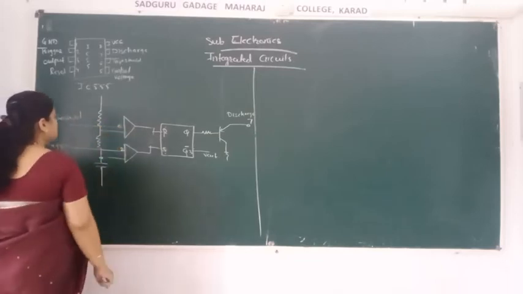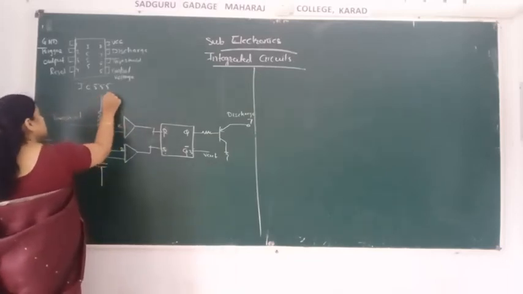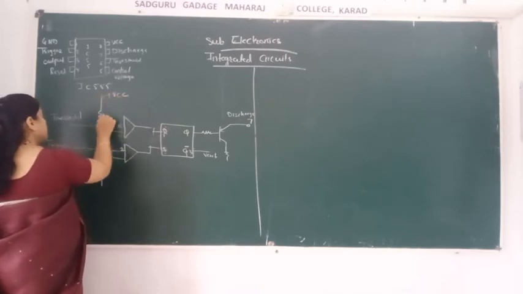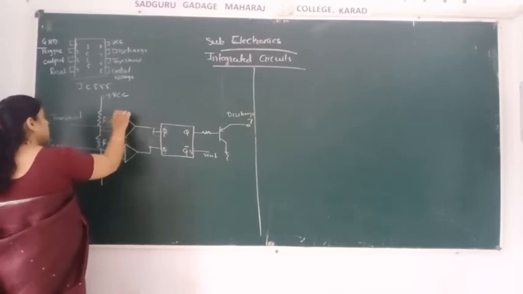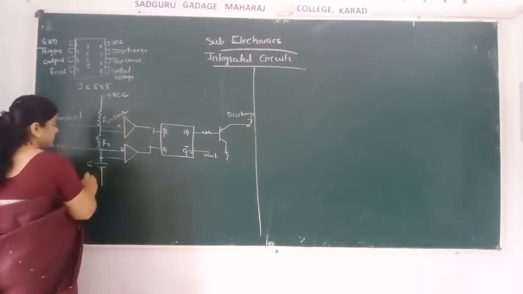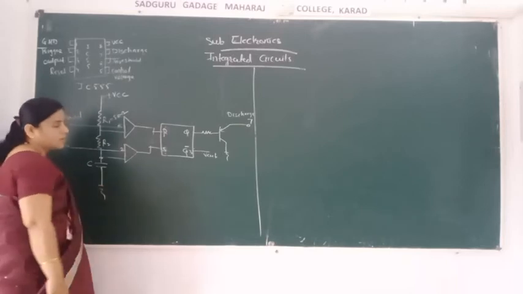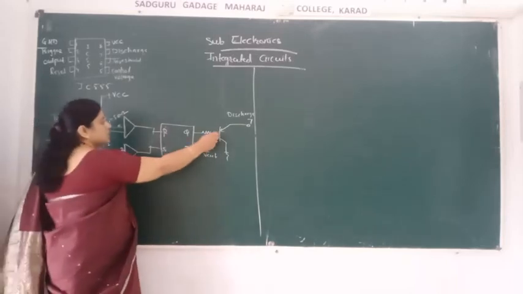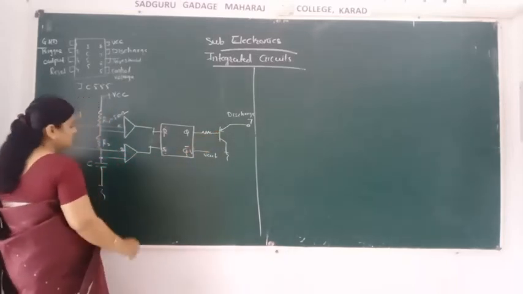The plus supply is given here. R1, R2 and R3 are each a 5 kilo ohm resistor. A capacitor is used and it is grounded. Such a circuit is used in the circuit diagram of IC 555.